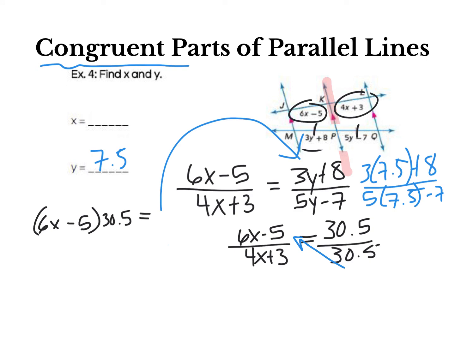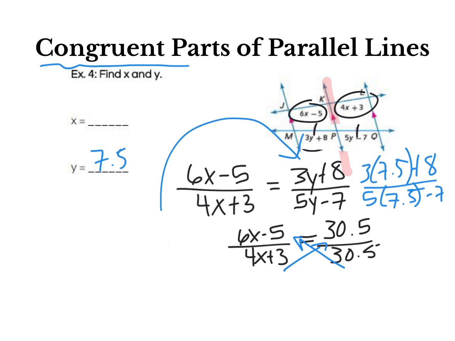We cross multiply 4x plus 3. I probably should do this in a different color so you can see it separately. Things are just getting a little bit messy here. I'm sorry. If you know how to solve this proportion, feel free to log off. I just want to make sure I show you how to follow through the whole thing.